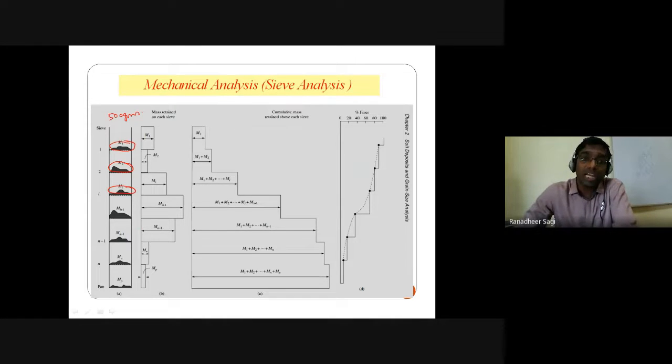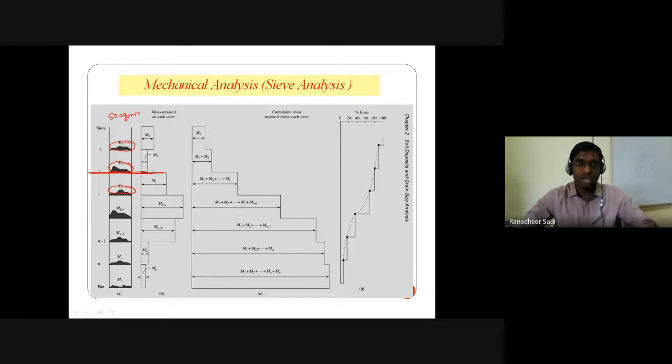Now, what is the cumulative quantity of soil which got retained? If I'm referring to the first sieve, the total quantity of soil retained on that first sieve is nothing but the mass of soil particles retained on the first sieve. Coming to the second sieve, how much total quantity of soil grains got retained cumulatively? That's the mass retained on the second sieve plus the first sieve.